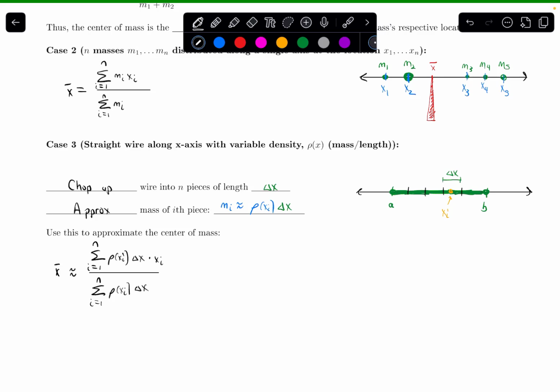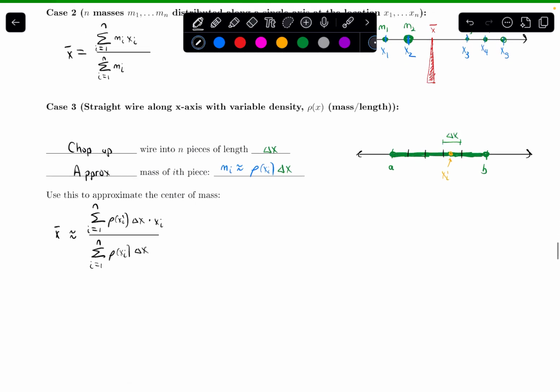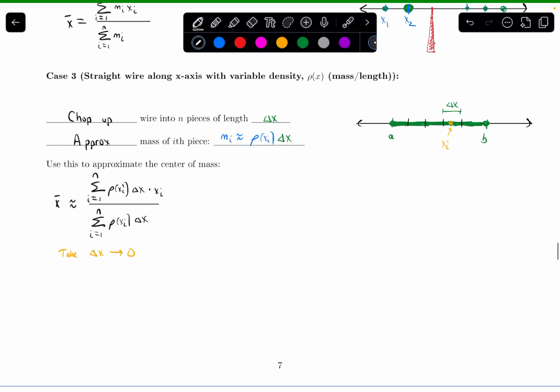Okay, so we have this set up here. Right now it's an approximation. To make it exact, we take a limit. So now we take a limit. We are going to let this delta x, that length, approach 0. And when we do that, our x coordinate is now perfectly going to be equal to, and it turns these Riemann sums into integrals. So my integral goes from a to b, right? Those are the start and end points of my interval.